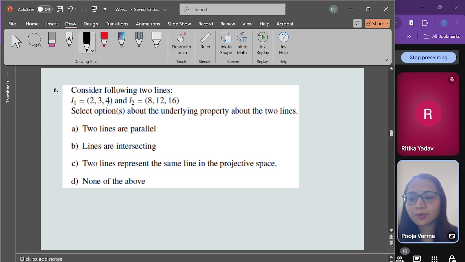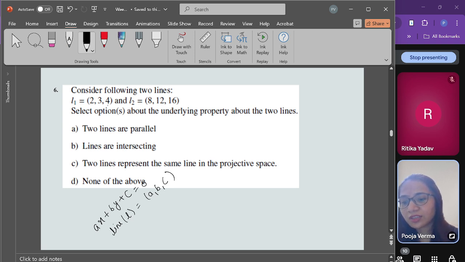so these are represented in homogeneous coordinates, where a line in 2D projective space is given by the equation ax plus by plus c is equal to 0, and line L is (a, b, c), right?